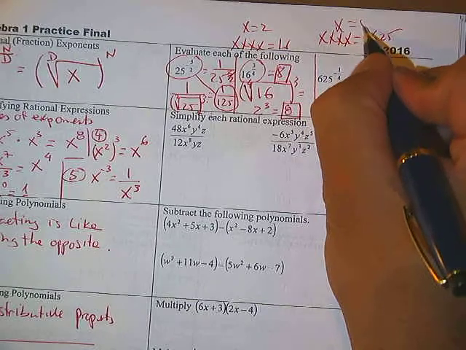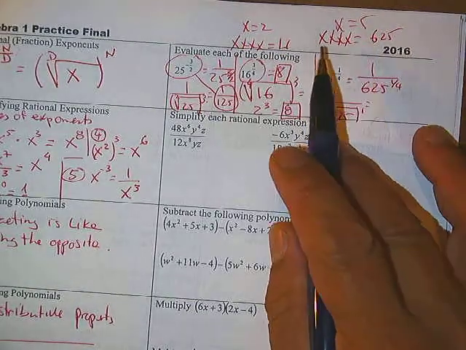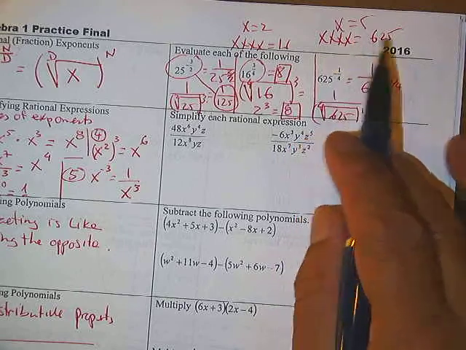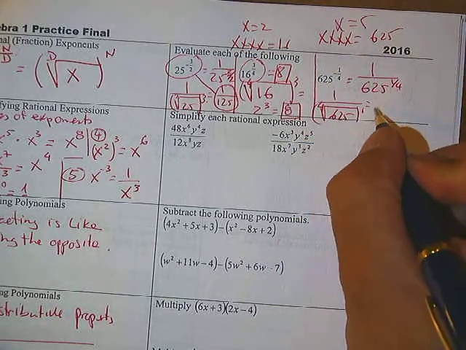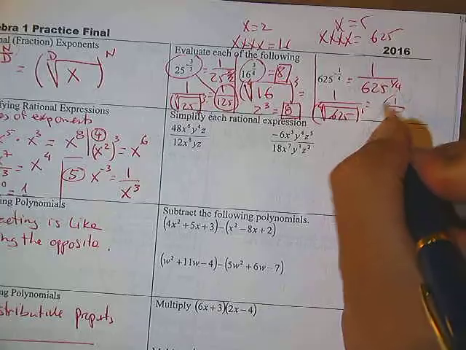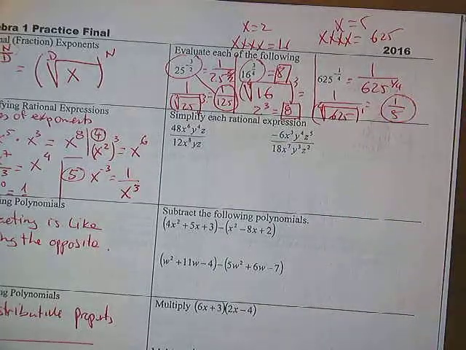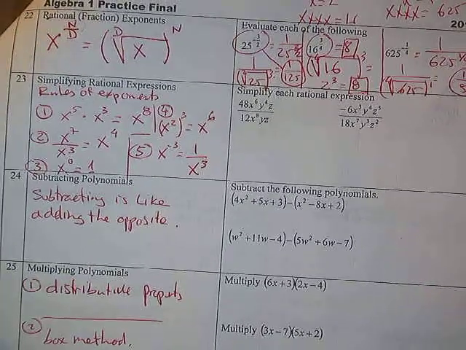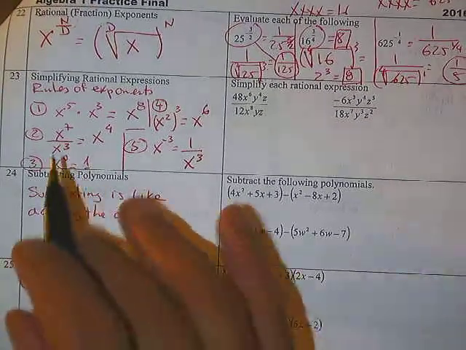So what times itself 4 times gives you 625? As it turns out, x is equal to 5. 5 times 5, 25 times 5, 125 times 5, 625. So this would just be 1 over 5. Okay.